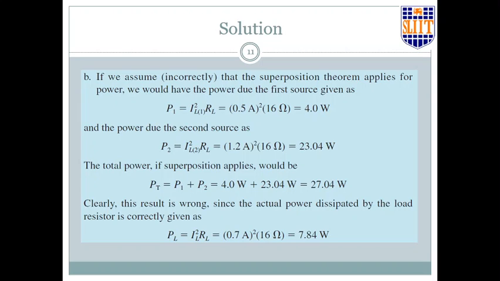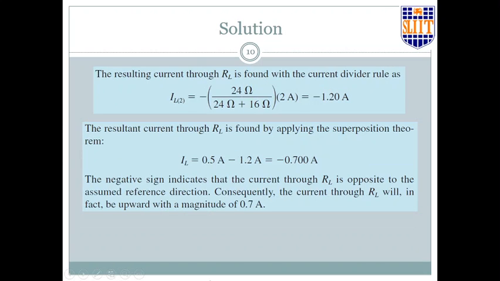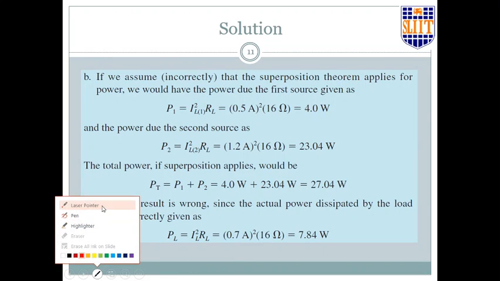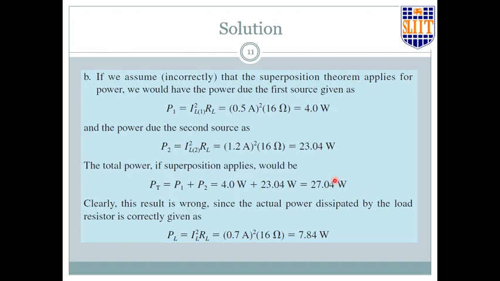If you apply that, we can see that for the first case, using the voltage source only, the power becomes 4 watts, and using the current source only, the power becomes 23.04 watts, and the addition of those two becomes 27.04 watts.